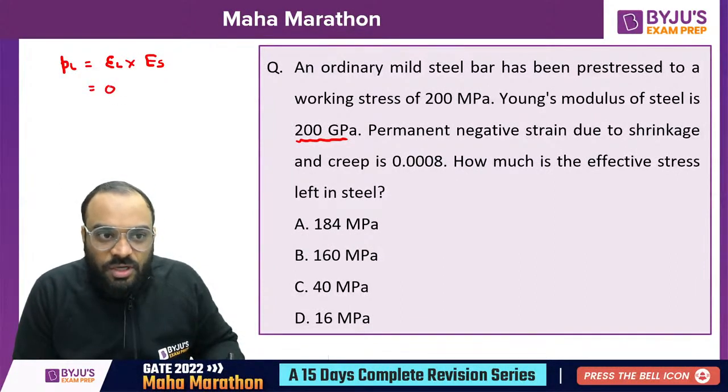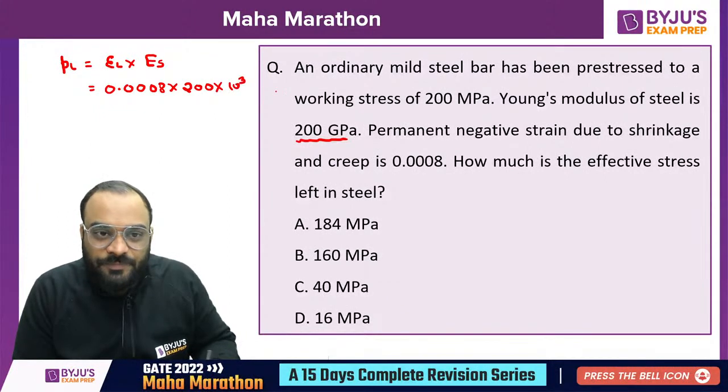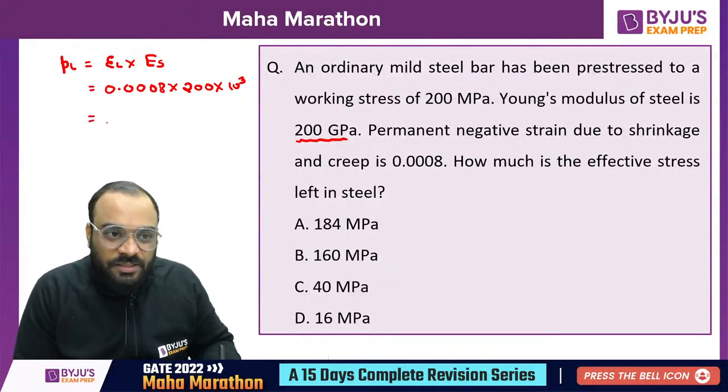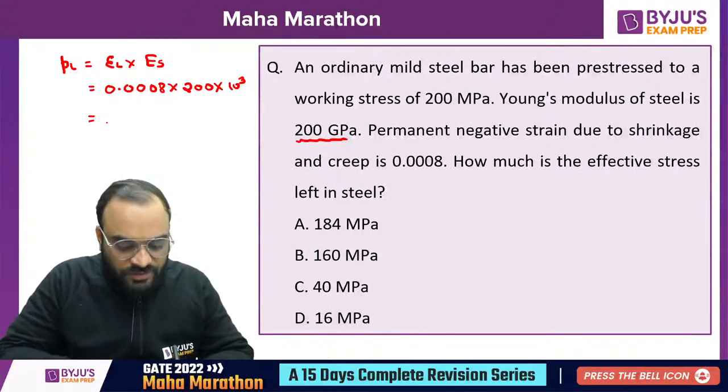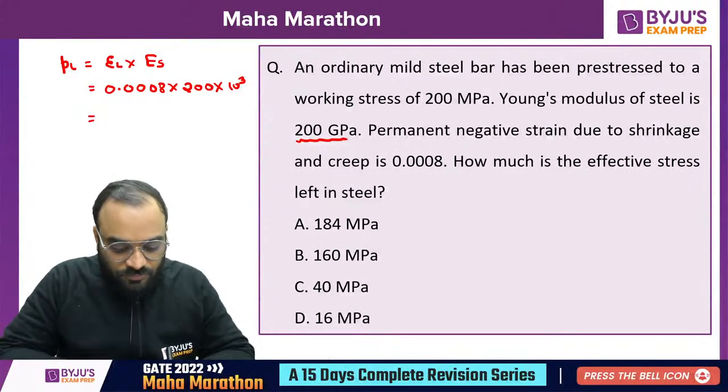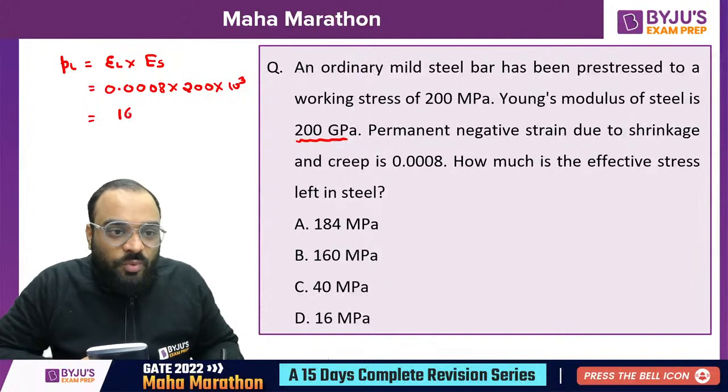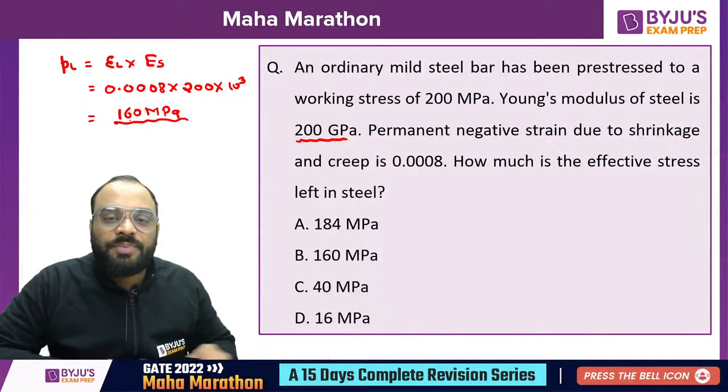So 0.0008 multiplied by 200 gigapascal, so 200 into 10 raised to power 3, converted into megapascal. I think it is 160. Yes, we are getting a value of 160 megapascal as a loss of pre-stress.